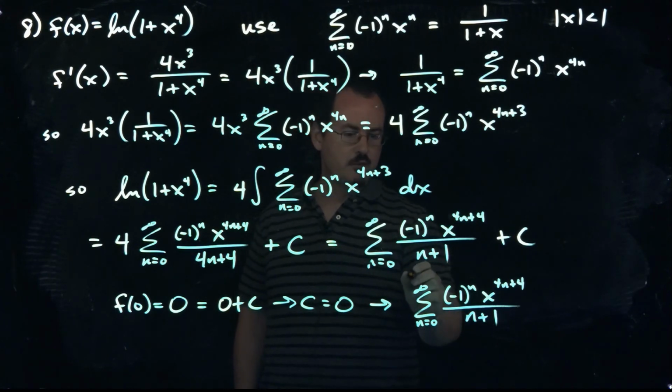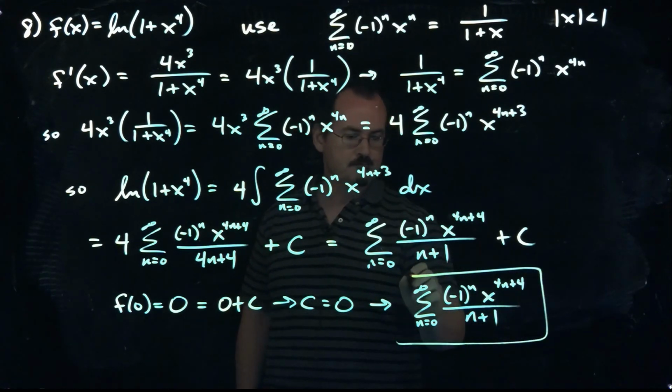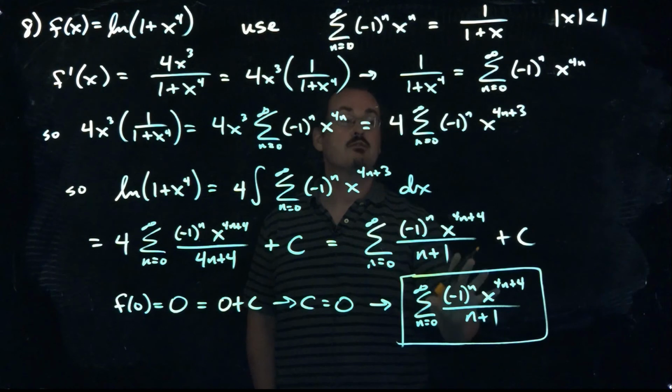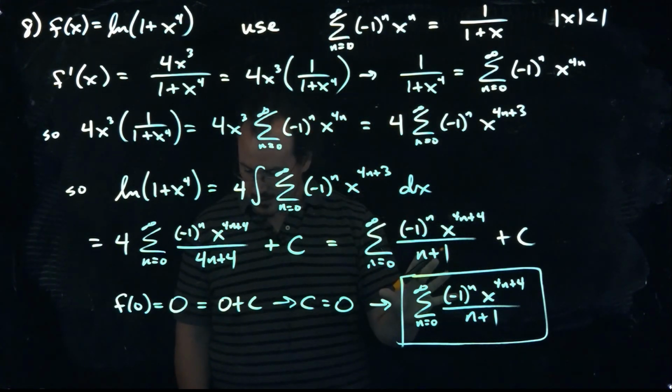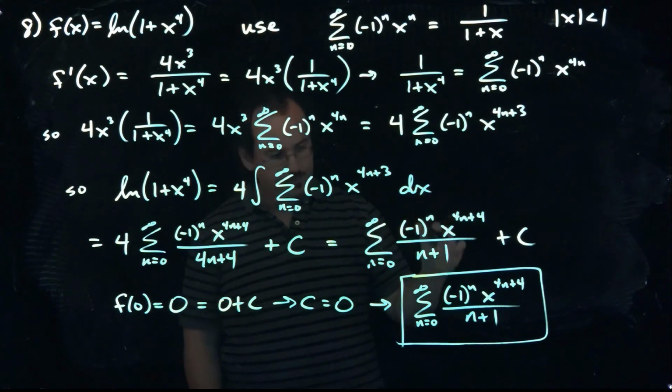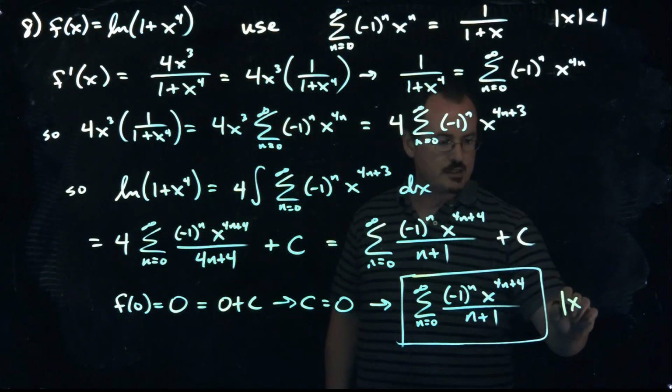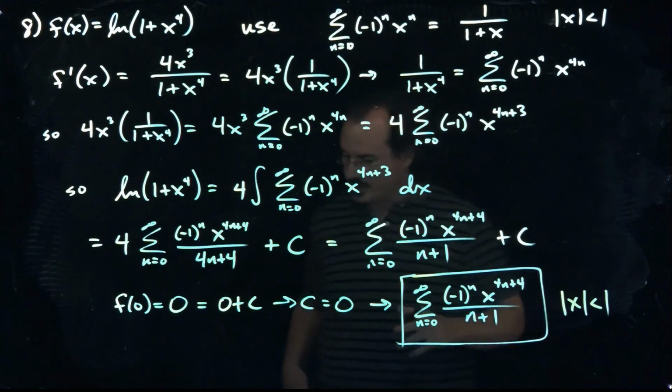So this is what we need for our final answer. And on the test, since I didn't ask for interval of convergence on this particular problem, I wouldn't ask for it on the test either, so this is good enough. Although, as I say in the solution, that is what the interval of convergence is.